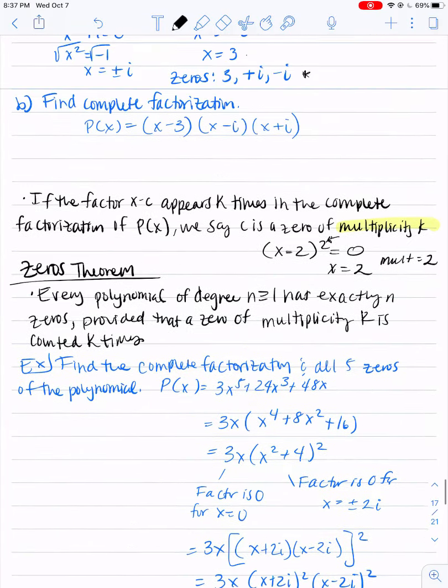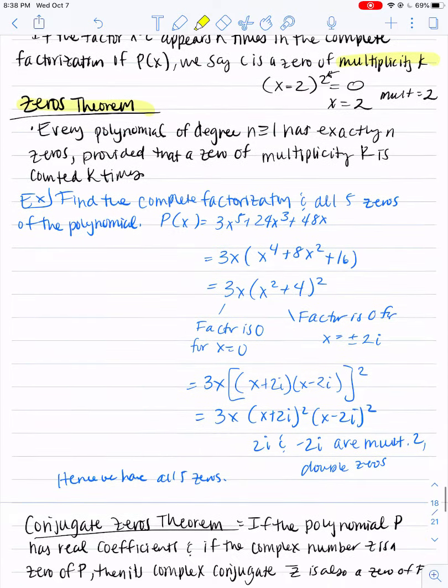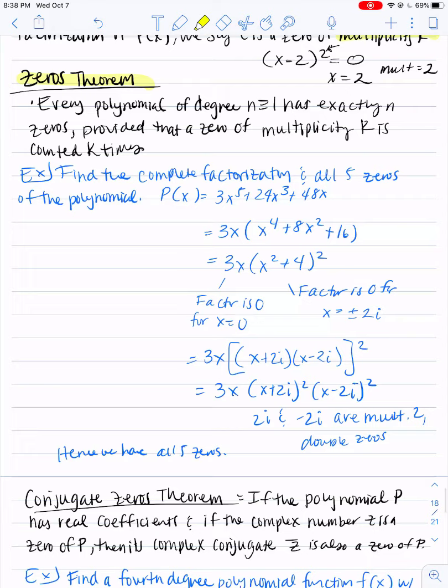So our zero theorem is: every polynomial of degree n greater than or equal to 1 has exactly n zeros, provided that a zero of multiplicity k is counted k times.